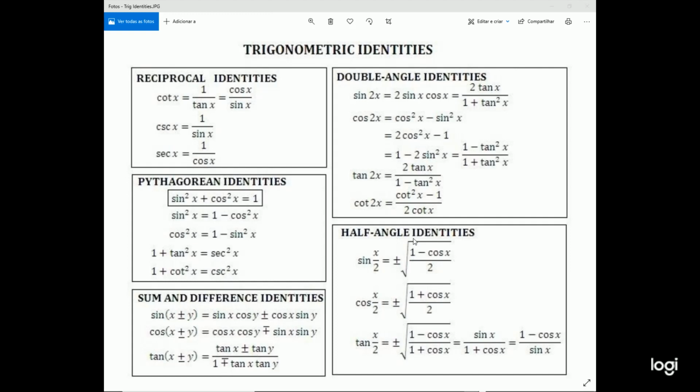And what about those half angle identities? They just come from those identities up here. We just have to isolate. For instance, let's take cosine of 2x. It is 2 cosine squared of x minus 1. Just take the minus 1 to the other side. It is going to be cosine of 2x plus 1 if you just divide by 2.